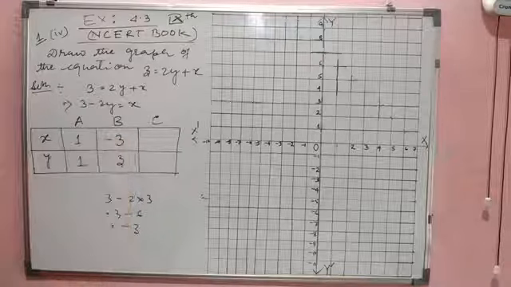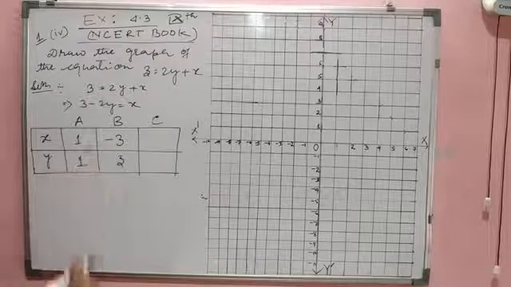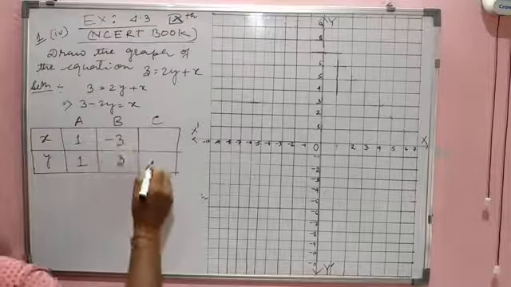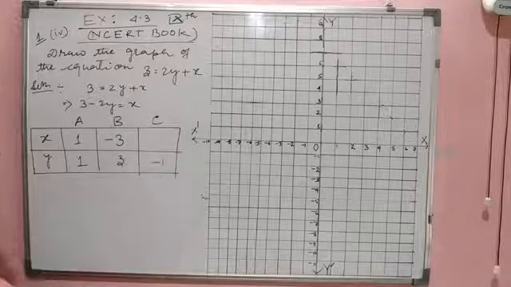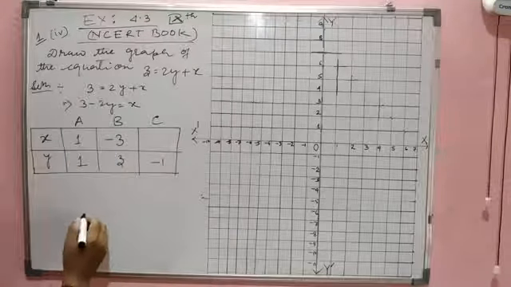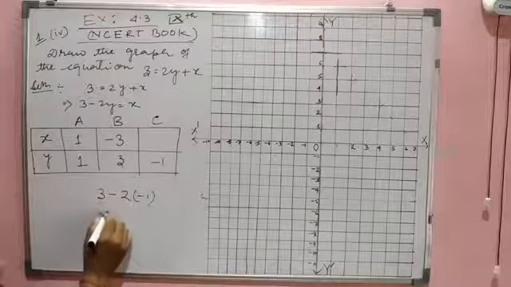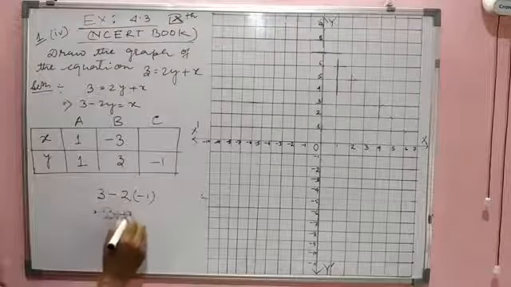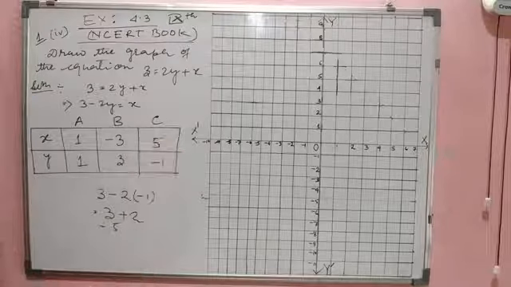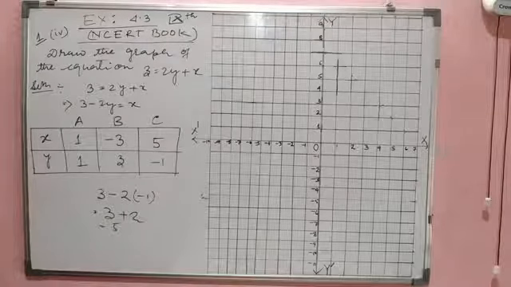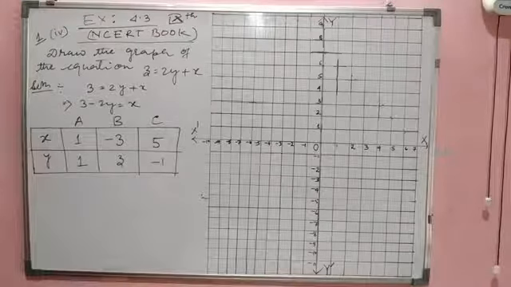Next, suppose y equals minus 1. So it will be 3 minus 2 into minus 1, so 3 minus minus 2, that is plus 2, so it will be 5. So these are the three solutions of the equation.